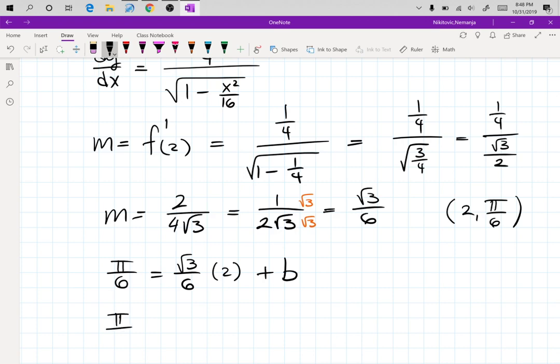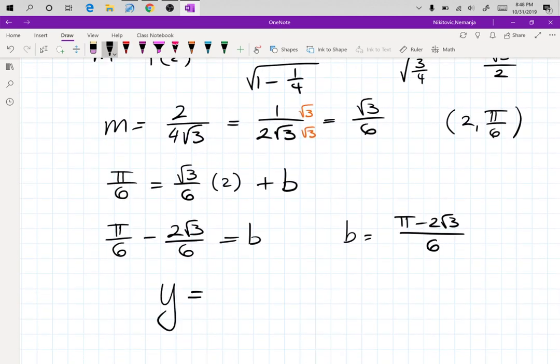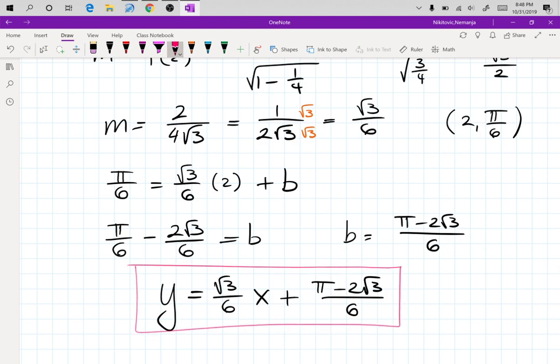I'm just going to say pi over 6 minus 2 root 3 over 6 is b, so that I can have b as pi minus 2 root 3 over 6. Y equals root 3 over 6 x plus pi minus 2 root 3 over 6. Nice.